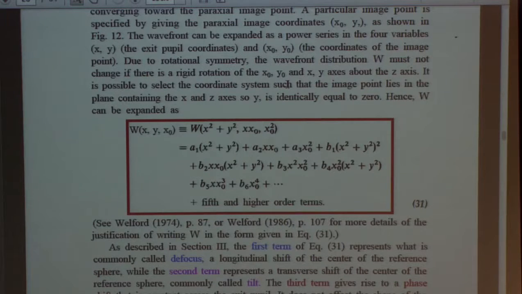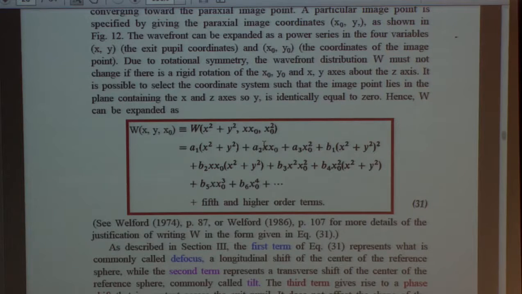Now x and y are the pupil coordinates, and x naught and y naught are the coordinates of the image. So that's our off-axis image point, x naught. So we have an a2 x x naught, which is like a tilt term.